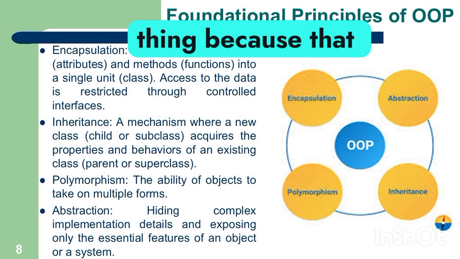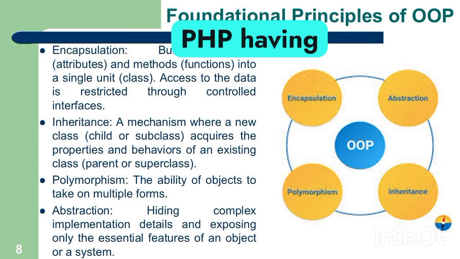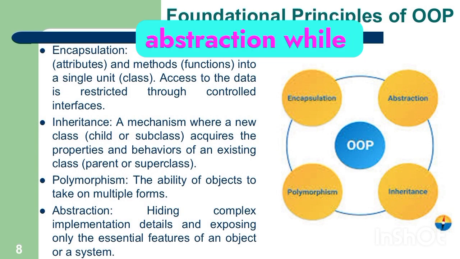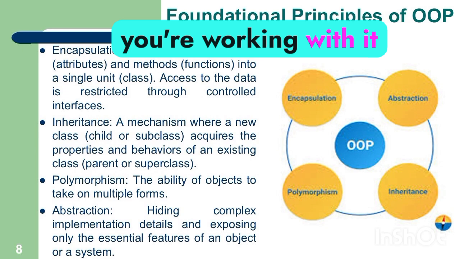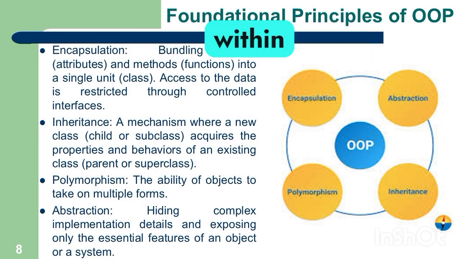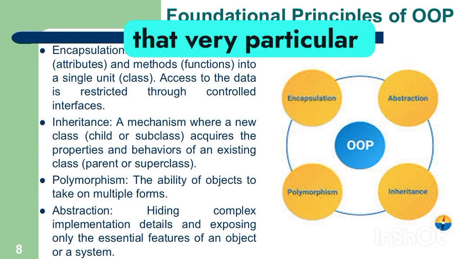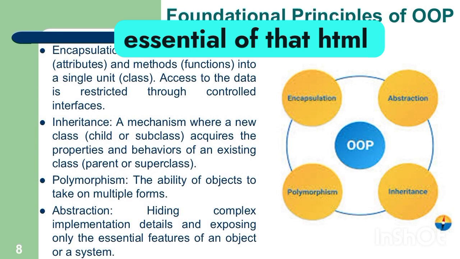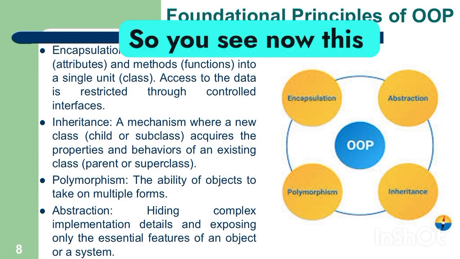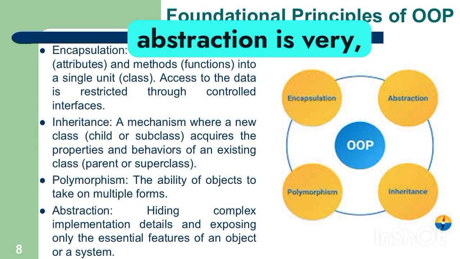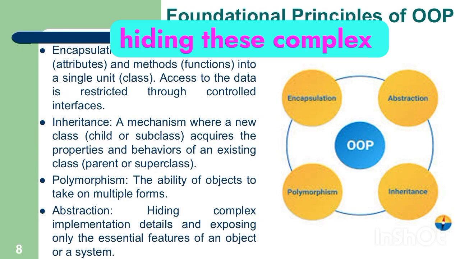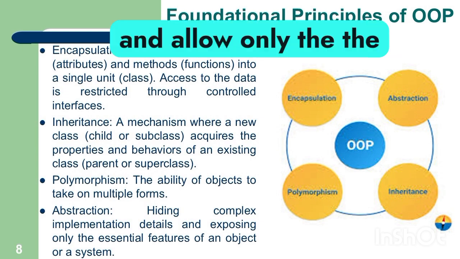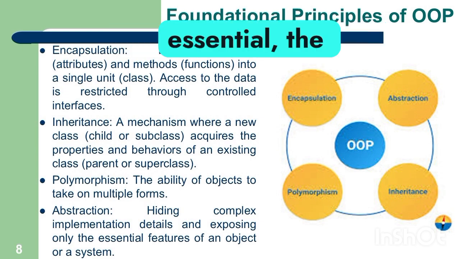But because PHP has that sense of abstraction, whatever content is within the PHP is converted automatically into HTML, so that person cannot see your PHP code. He can only see the essential HTML code. So you see, abstraction is very important in hiding complex instructions and allowing only the essential features.